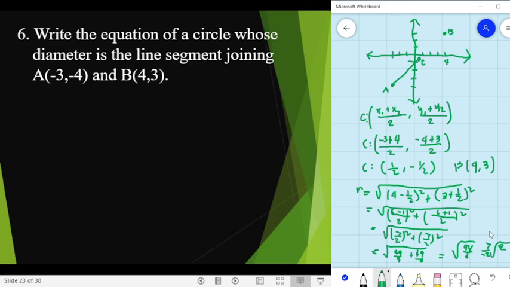Please correct it, because our r squared should be 98 over 4. Okay, what was wrong?